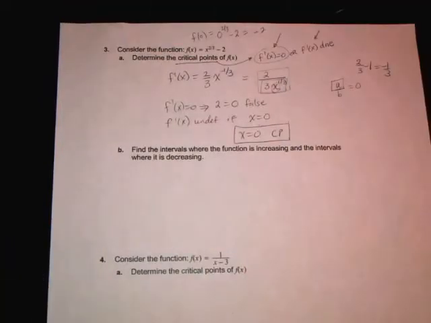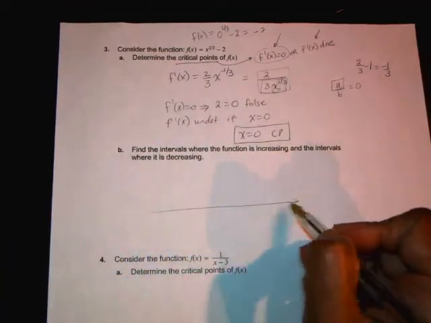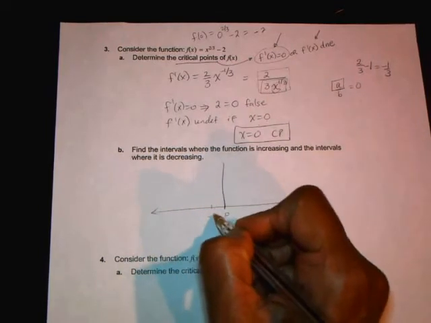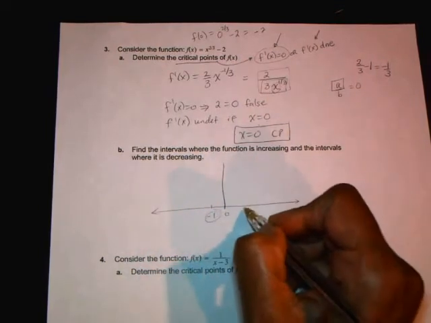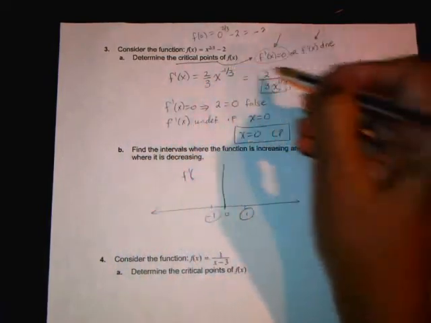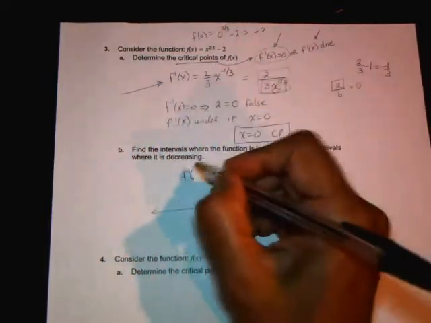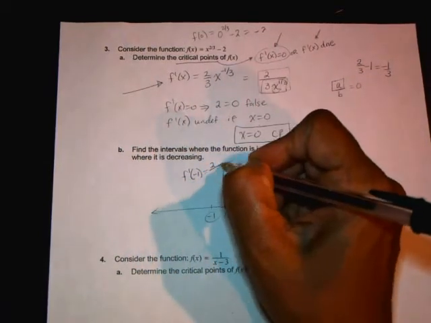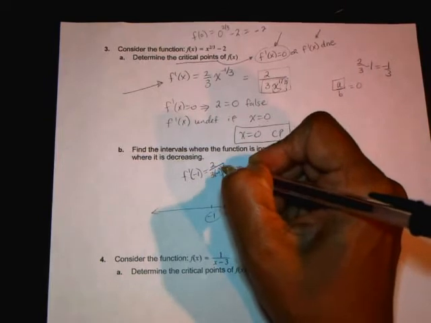Okay? So with that being said, here's our number line. There's 0. Split it. Let's say we pick negative 1 on this side and 1 on the other. Plug it into f prime. Here's f prime. F prime at negative 1 is 2 divided by 3 times negative 1 to the 1/3.